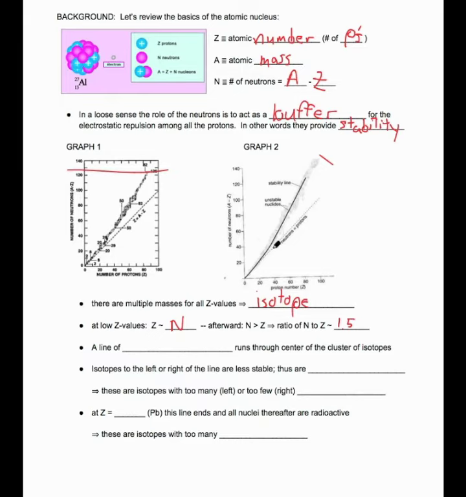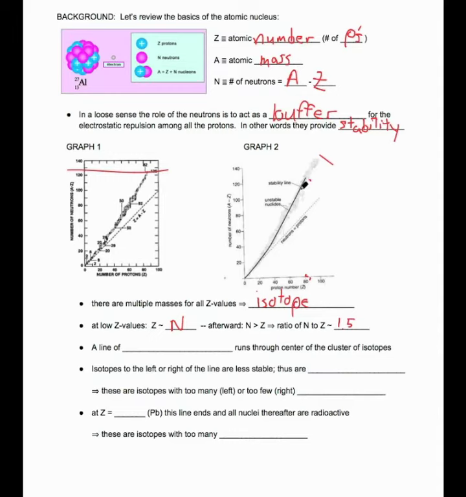Okay, let's look at the second graph, which is telling us a similar thing. In the second graph, we see this dark line that runs all the way and ends abruptly right about here, which corresponds to an atomic number right around 80.